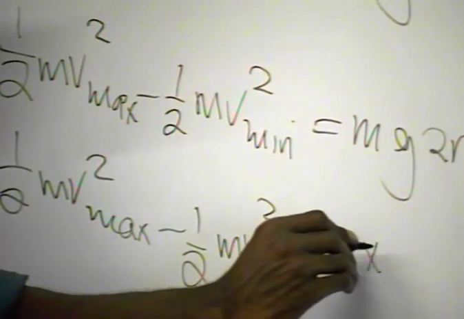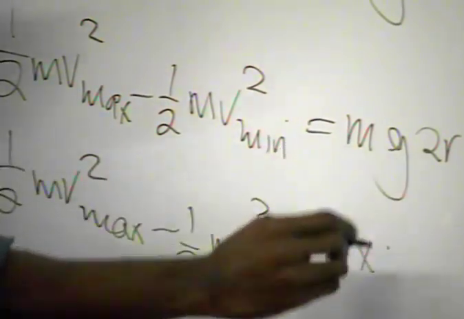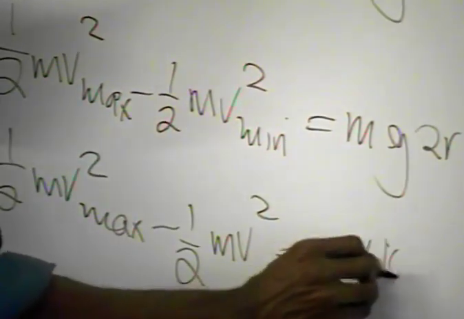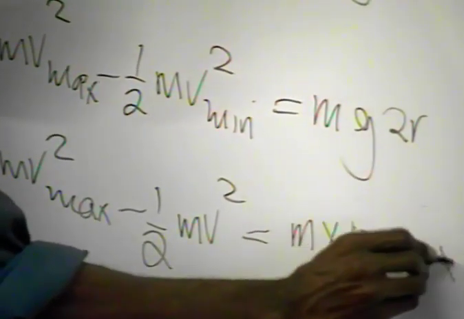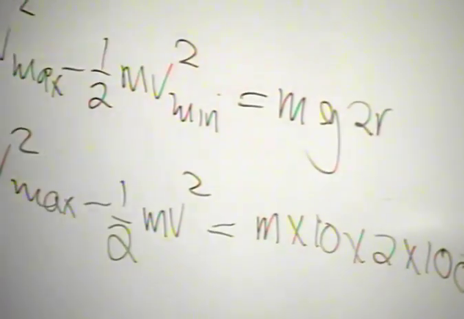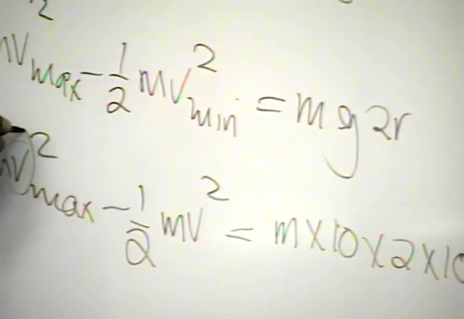mass times, what is this? The acceleration due to gravity. So you have 10 times 2 times 100. We are trying to solve the velocity. That is the velocity that we are trying to solve.